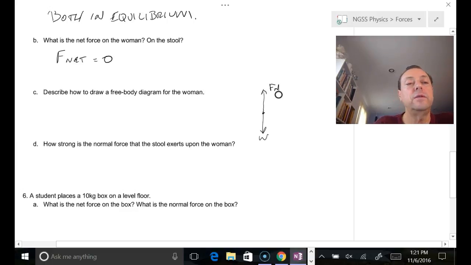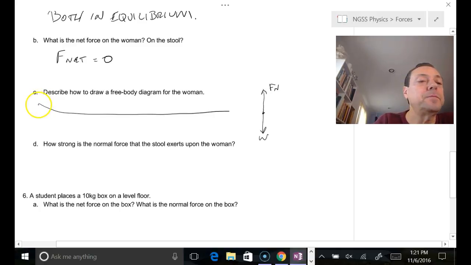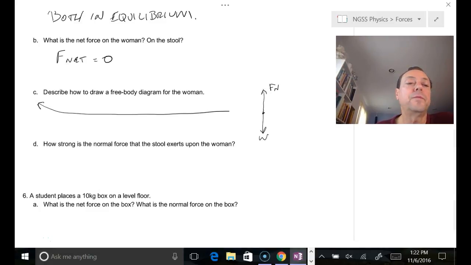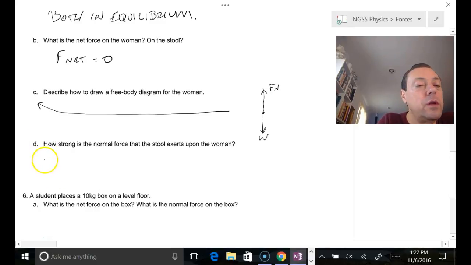And finally, this is the answer to C, by the way. How strong is the normal force that the stool exerts upon the woman? Well, it's equal to her weight.